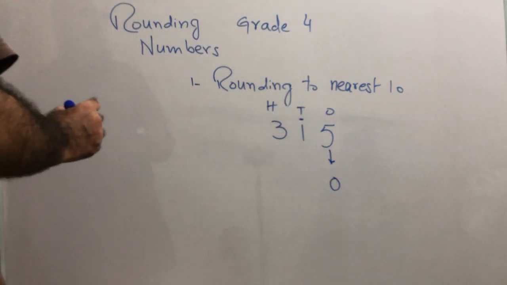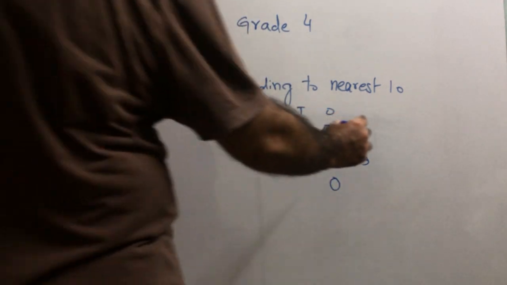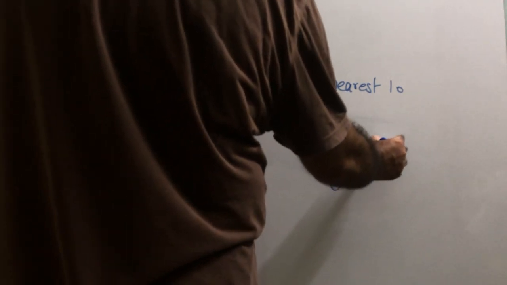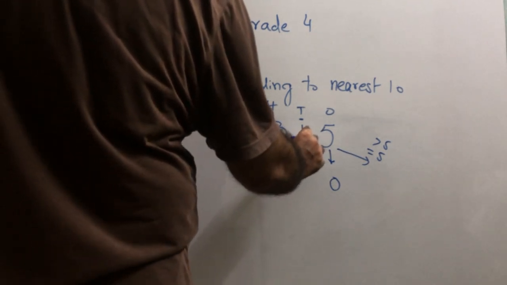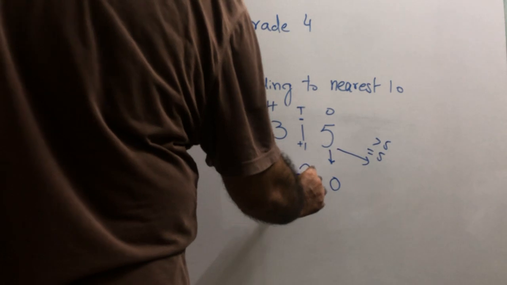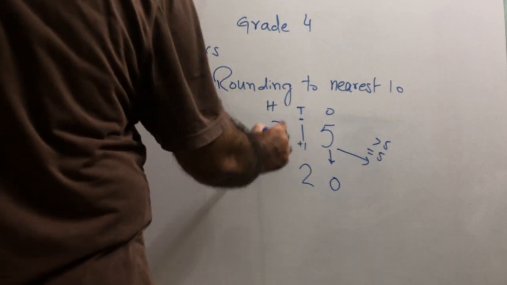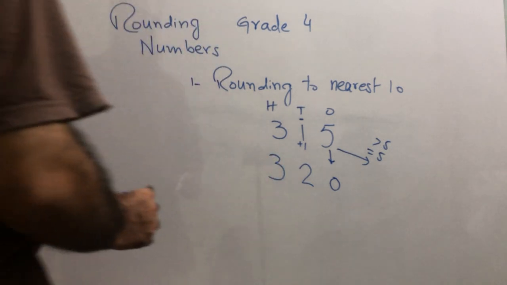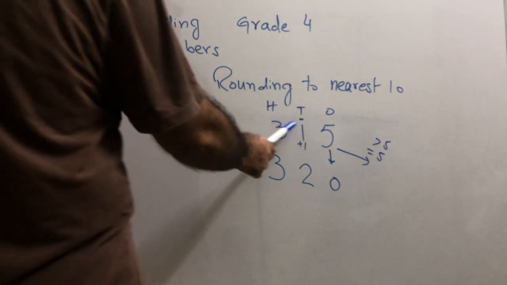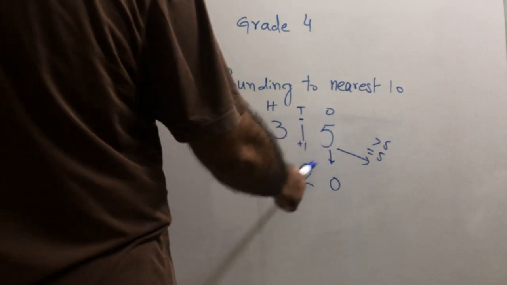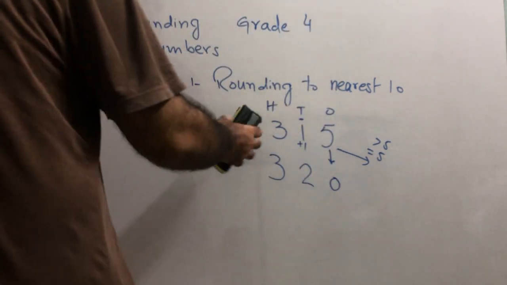The second action is that if the number on ones place is equal to 5 or greater than 5, then we add 1 to the tens place. 1 plus 1 becomes 2. The hundreds place, no change, 320. So the answer for 315 rounding to nearest 10 becomes 320. 320 is the answer for this example.